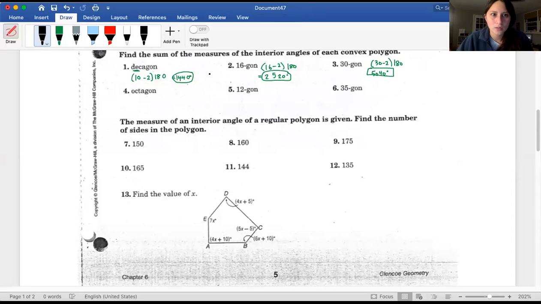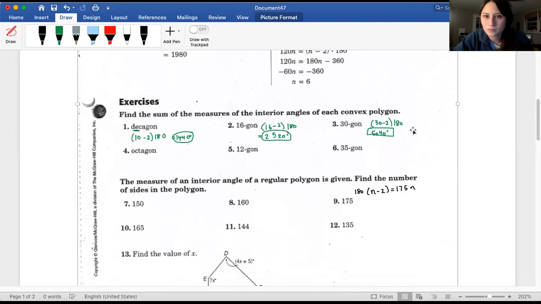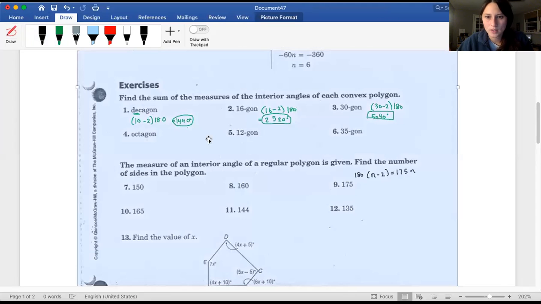So in this case, we've got n minus 2 times 180 equals 175 times n. If you start to do this a few times, you're going to realize that you can actually just write this as 180. Why is this not writing? Okay.